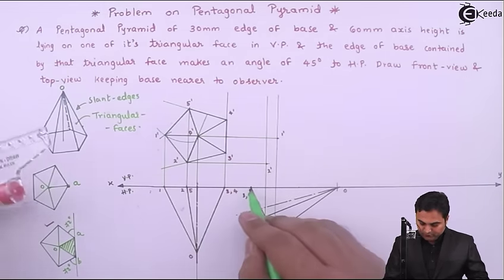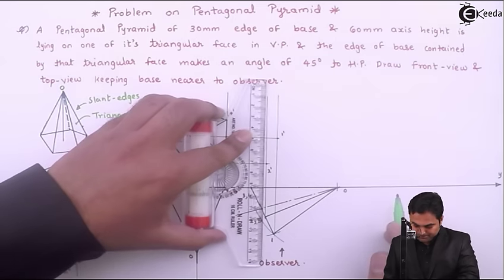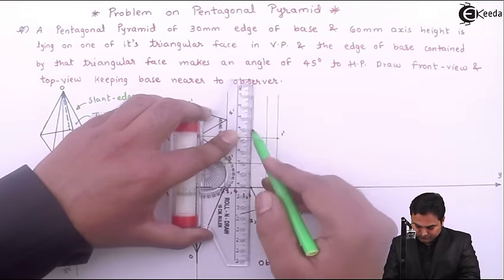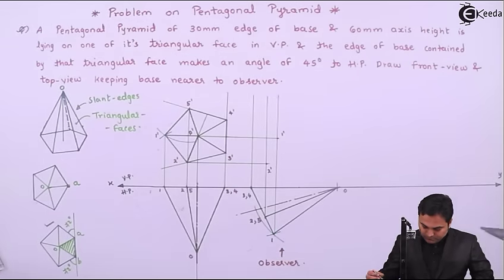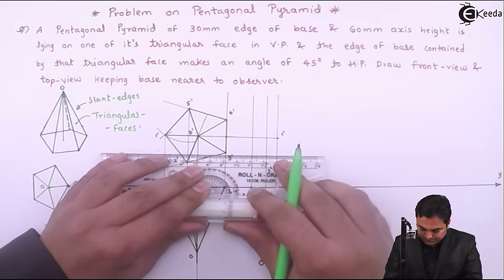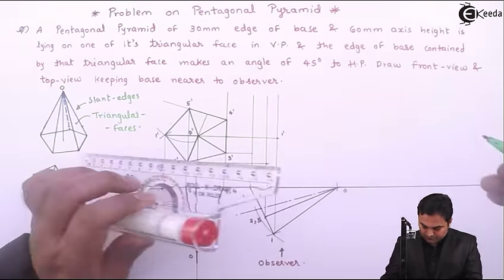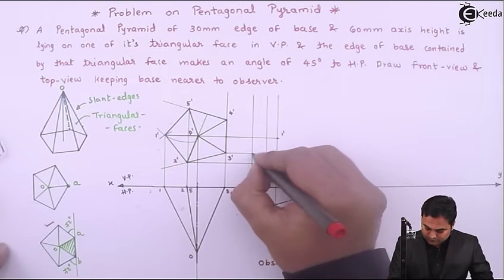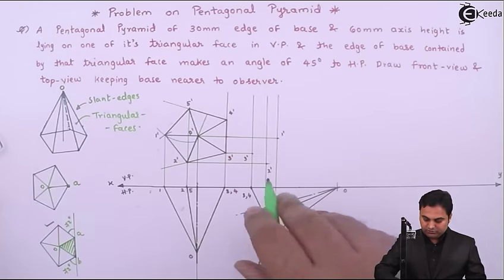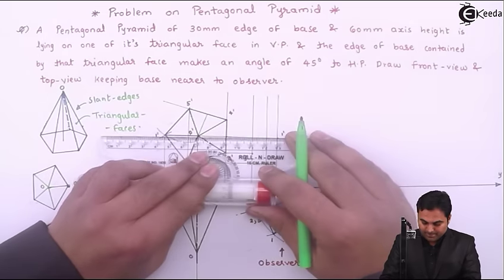Next, 3 and 4, so point 3. Point 3 dash will be projected horizontally. Three dash. Next, point 4 is on the same line as 3.